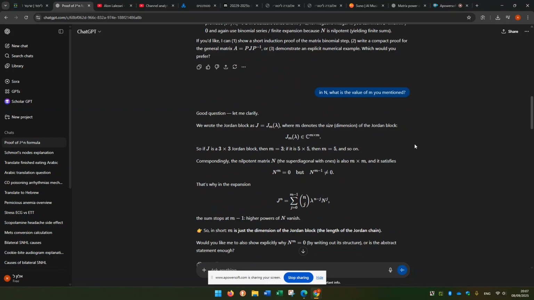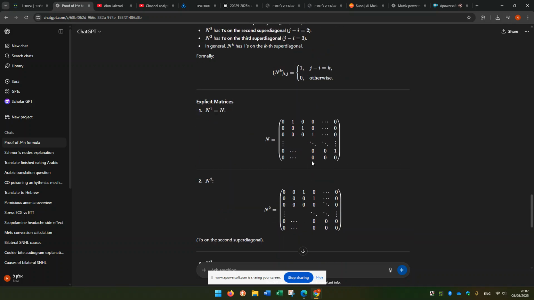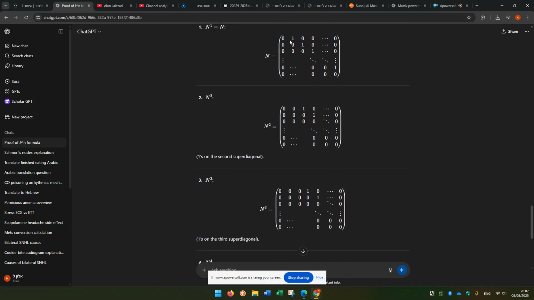Let's see what happens, because it's important. If I take this N and raise it to the power of 1, nothing changed, but if I raise it to the power of 2, all the ones just go to the next super diagonal, the second super diagonal. If I take N to the power of 3, again the ones go one step further to the next super diagonal.